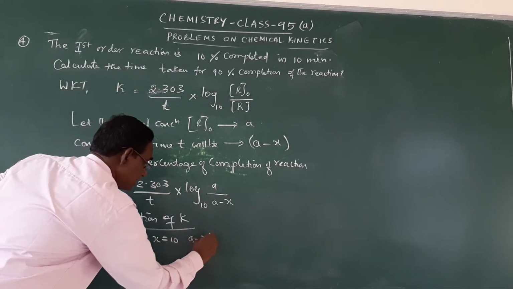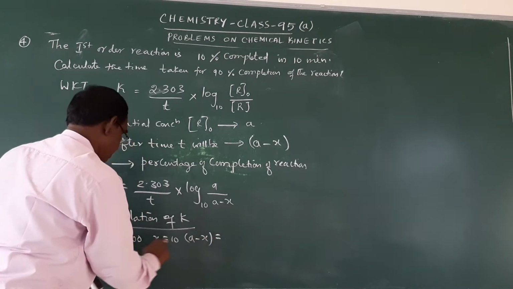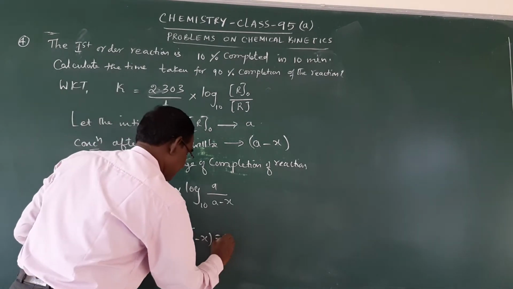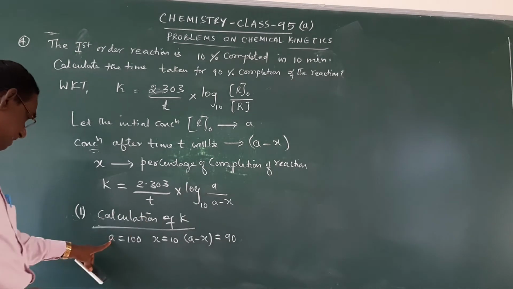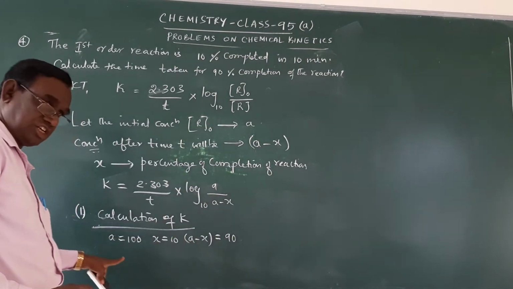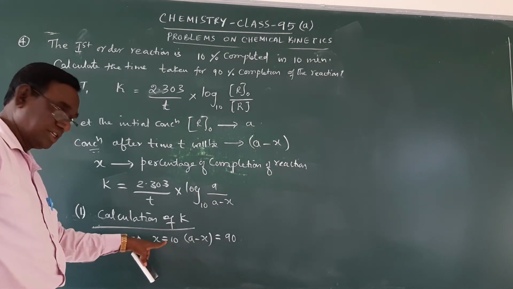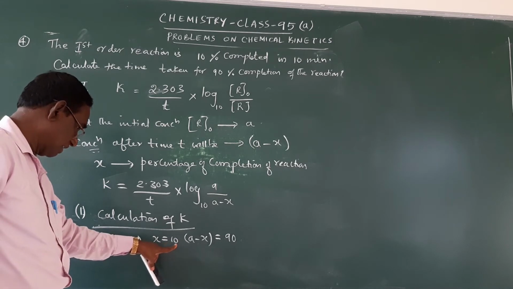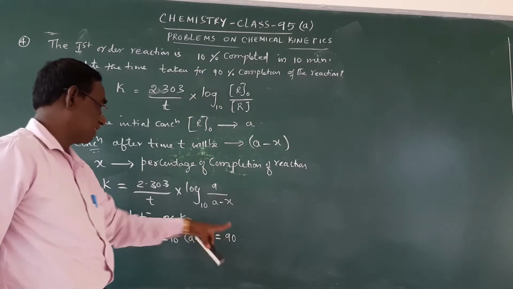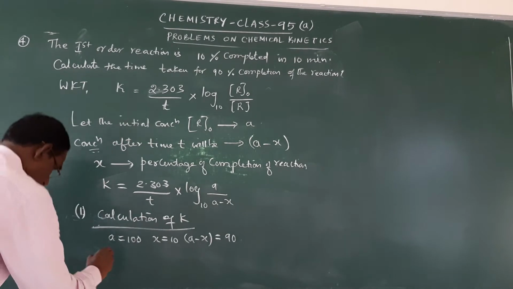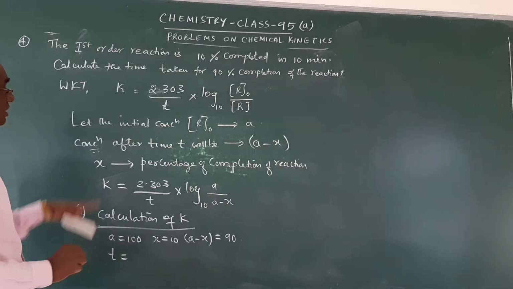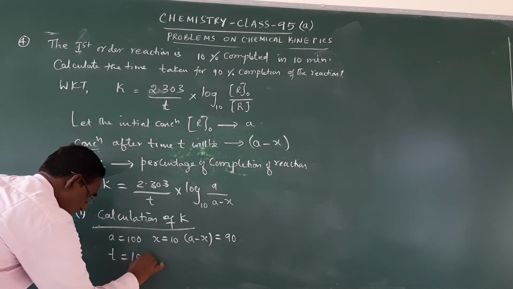Therefore a minus x is 100 minus 10, which is 90. a is the known initial concentration of 100%, and x is how much has reacted, 10%. Therefore a minus x is 90, and t is equal to 10 minutes.